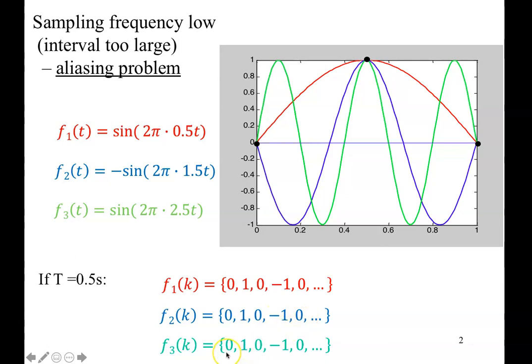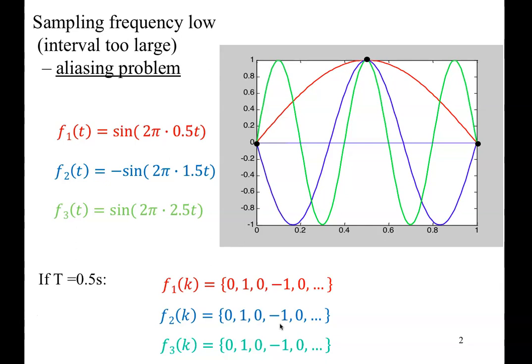I can find the sequence for the third signal, that's 0, 1, 0, minus 1, 0. So you can see here, in time domain, we have three completely different signals, but what the computer gets will be the same from the three, if my interval is 0.5 seconds.